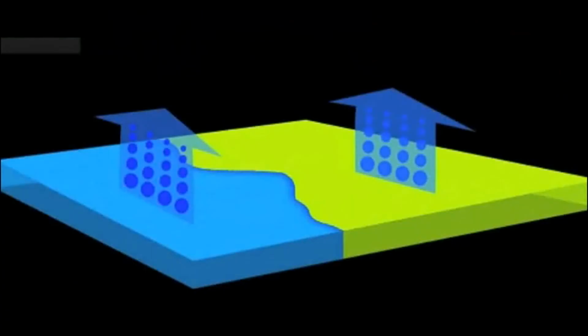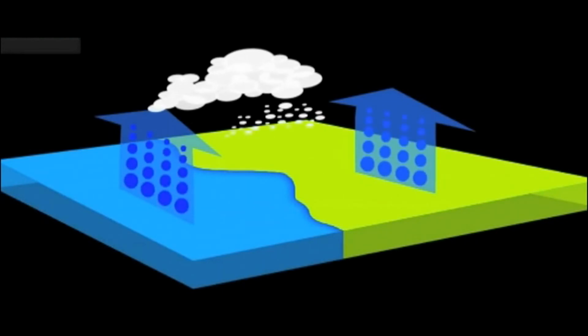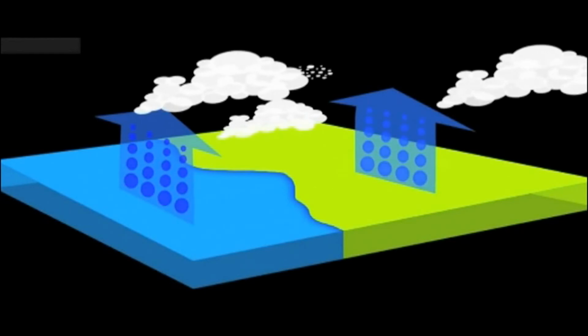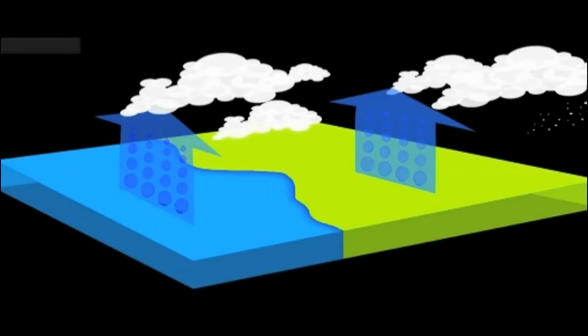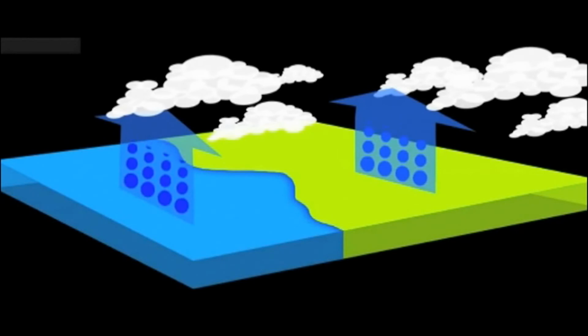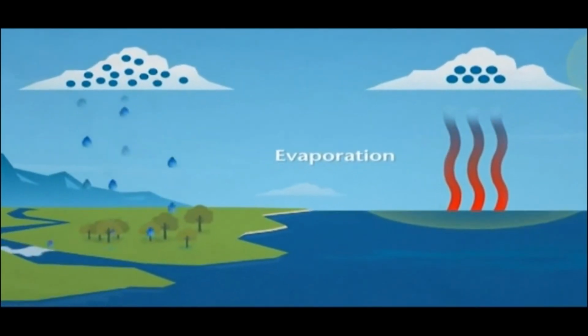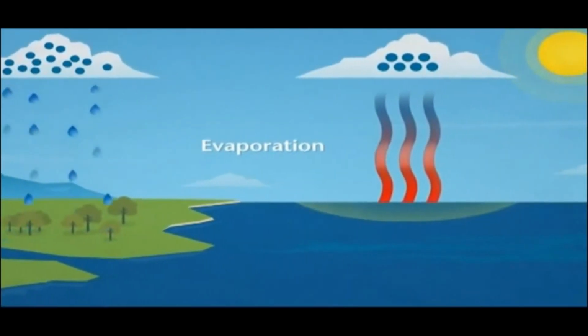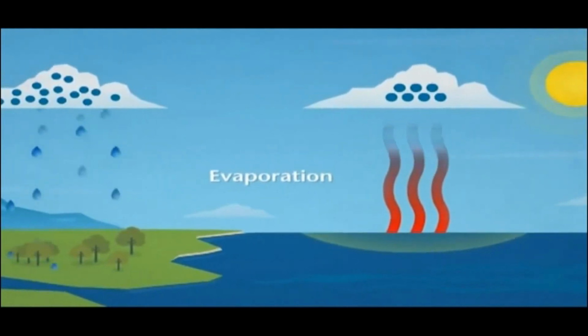Now, let us know what are the effects of climate change on precipitation. As temperature rises and the air becomes warmer, more moisture evaporates from land and water into the atmosphere. More moisture in the air generally means we can expect more rain and snow and more heavy downpours.